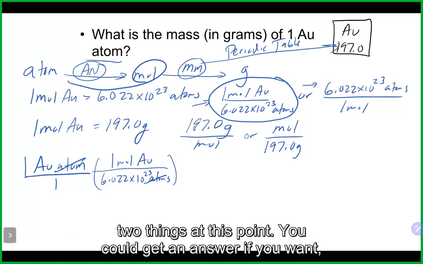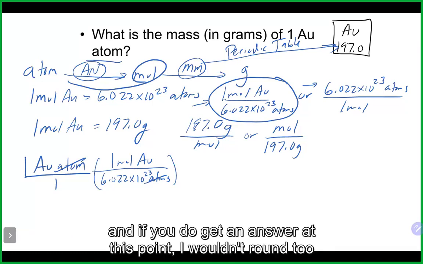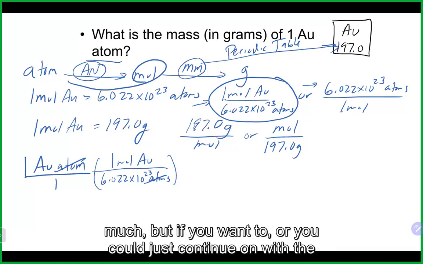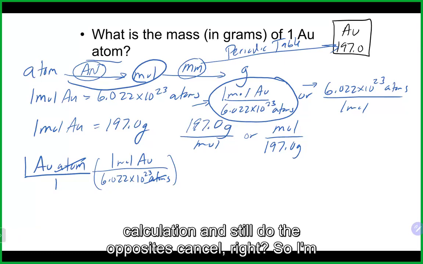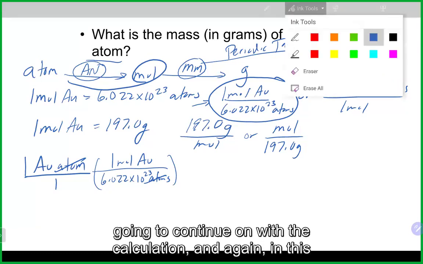You can do one of two things at this point. You could get an answer if you want, and if you do, I wouldn't round too much. Or you could just continue on with the calculation and still do the opposites cancel, right? So I'm going to continue on with the calculation.